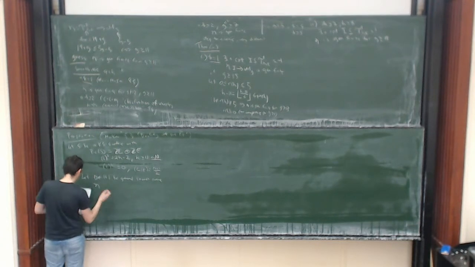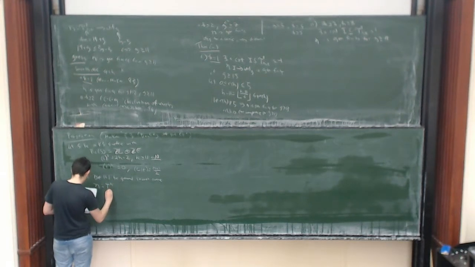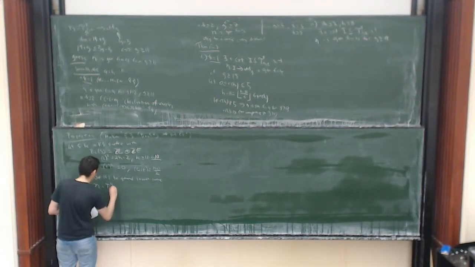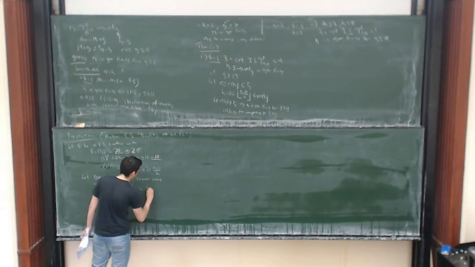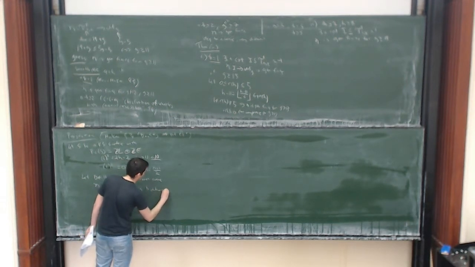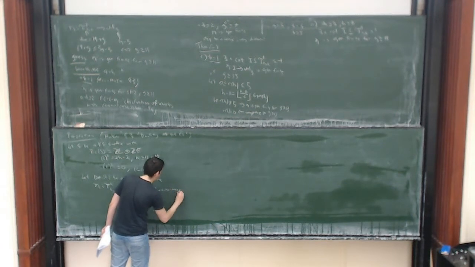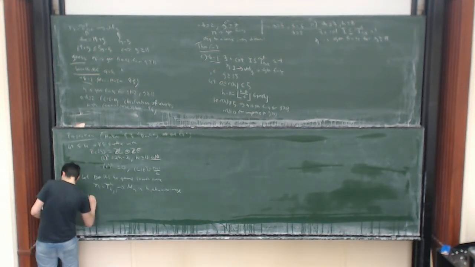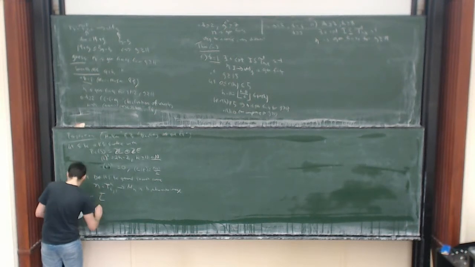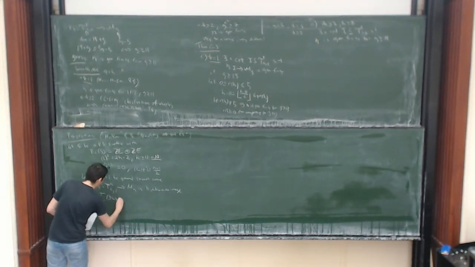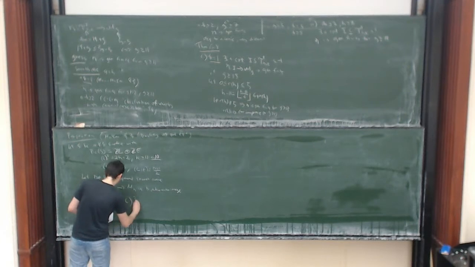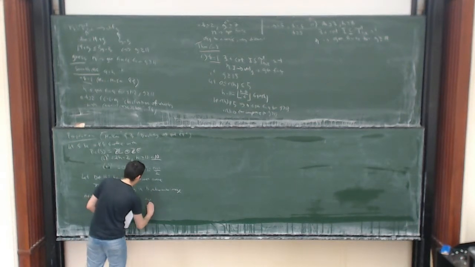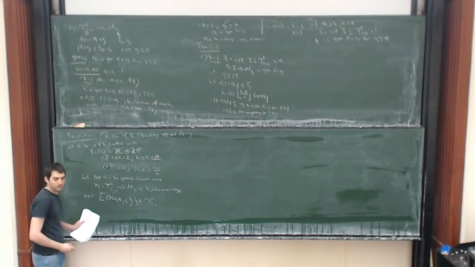Then in this case H equals G, so the map is in fact bijective onto its image near the curve D. Okay?